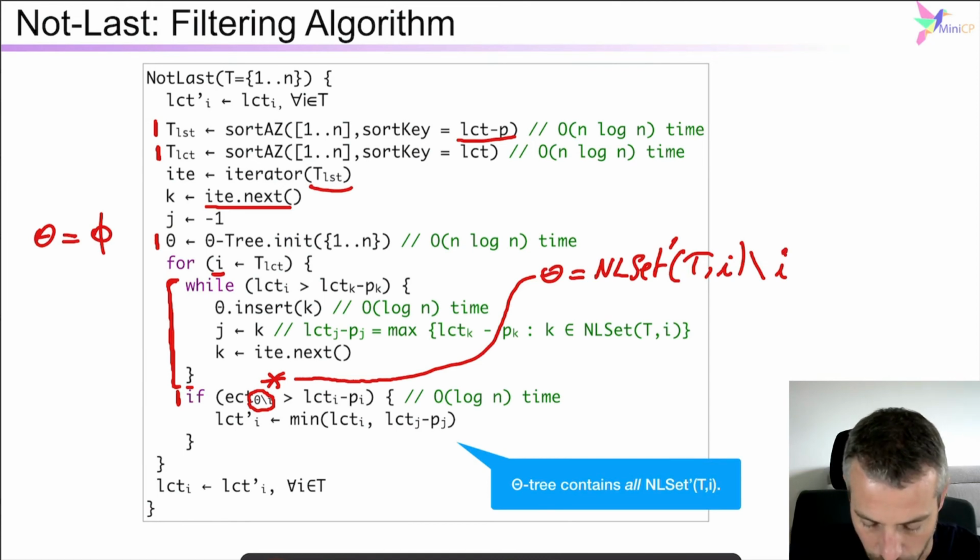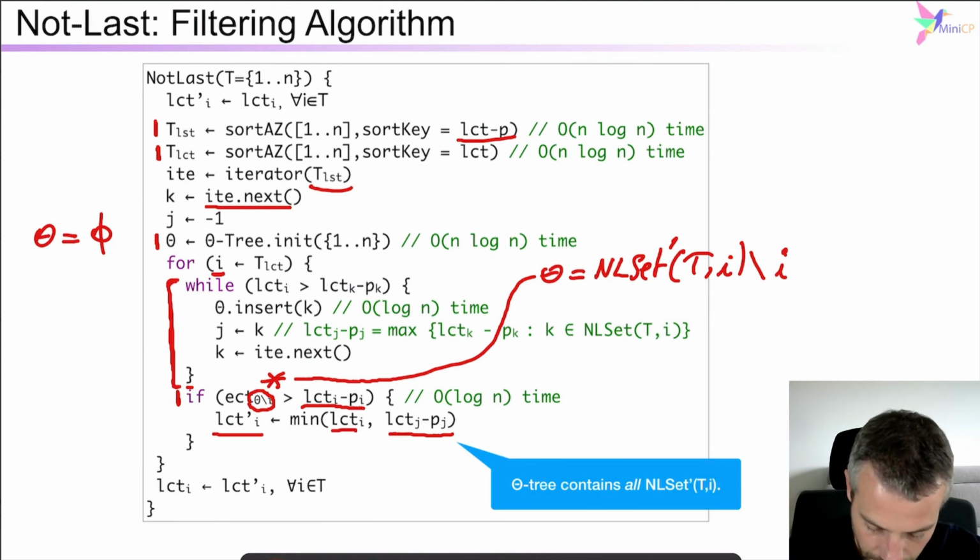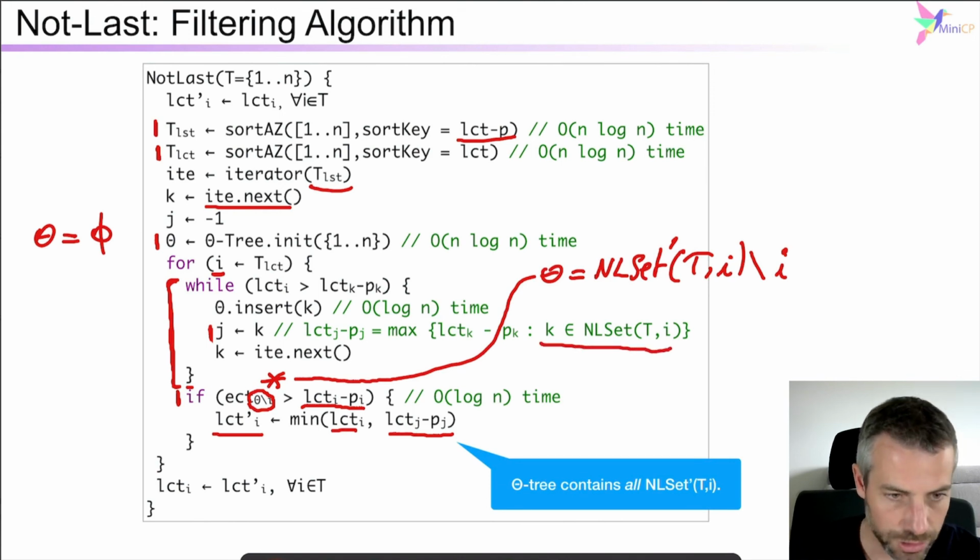And if we exceed the latest completion time of I minus the processing time of I, we can compute the new latest completion time for the activity I. And it will be the minimum between the previous one and the new one. And that is true because here, the activity J that we have there corresponds exactly to the maximum over all the ones in the not-last sets because they have been ordered.